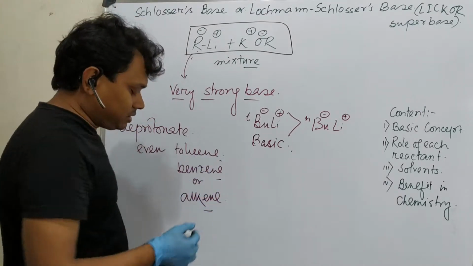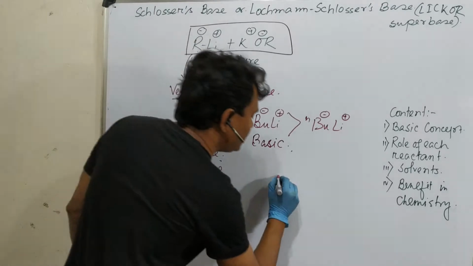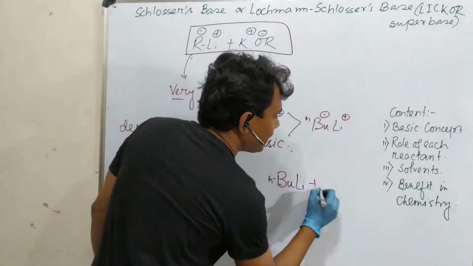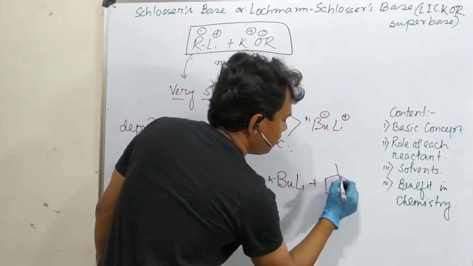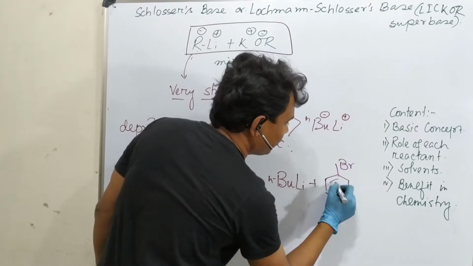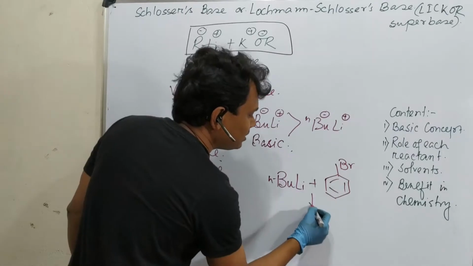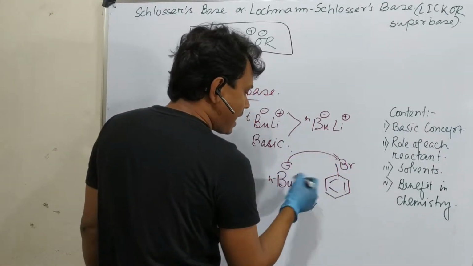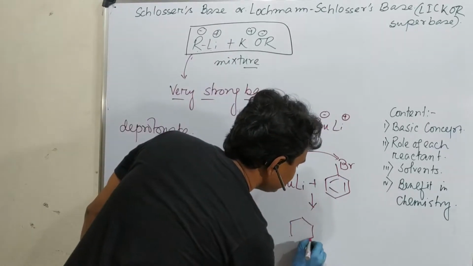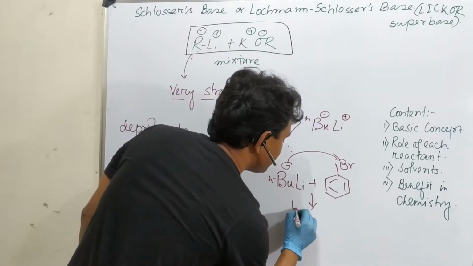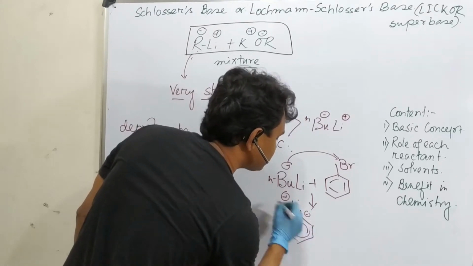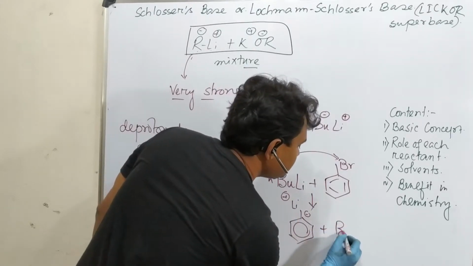Toluene, benzene, you have already read. Butyl means n-butyl plus... sorry about my voice because of cold. We know that this negative charge attacks here, and this results in a metal exchange. This is lithium, and plus or minus you can explain in this way also. Plus BuBr.